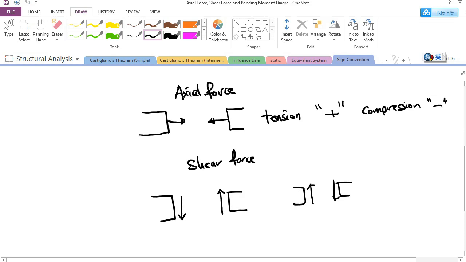This is called positive shear. Whenever you see the right side is pointing upward, we call this positive shear force. If the right face is downwards and the left face is pointing upward, we call this negative shear force.